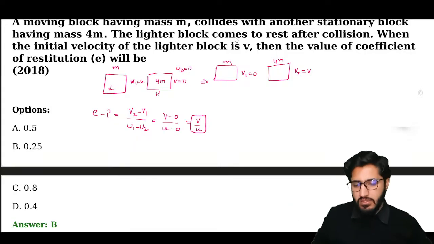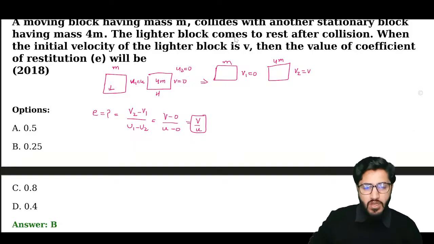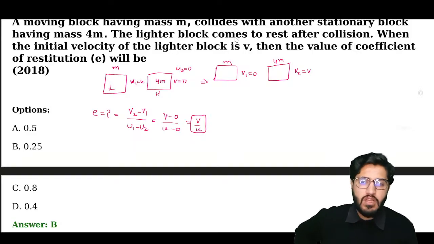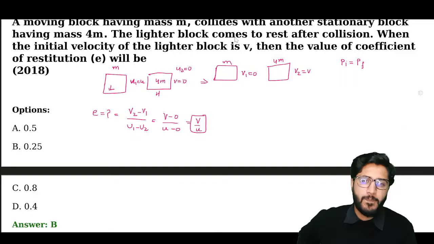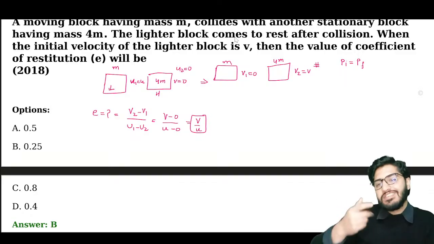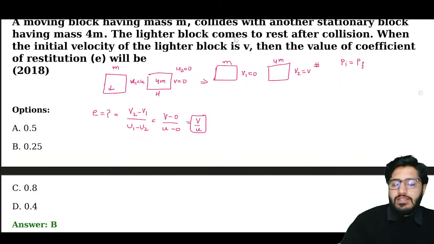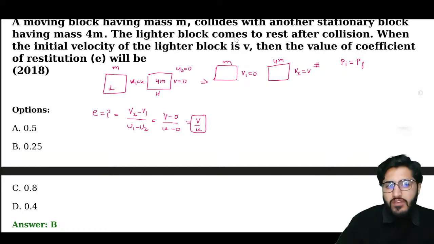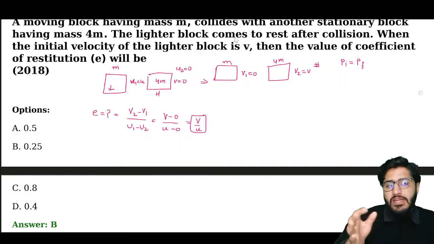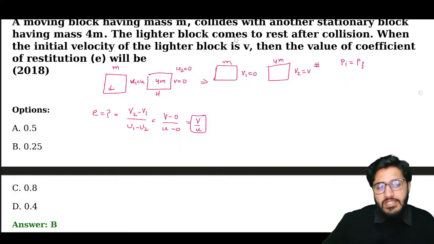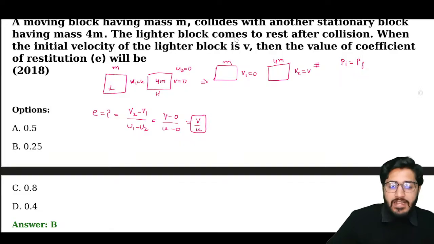Now, look here, I will write that the initial momentum will be equal to the final momentum. In any case, whether you are dealing with the elastic, inelastic or perfectly inelastic case, in all these three the momentum is always conserved. So initial momentum is always equal to the final momentum.